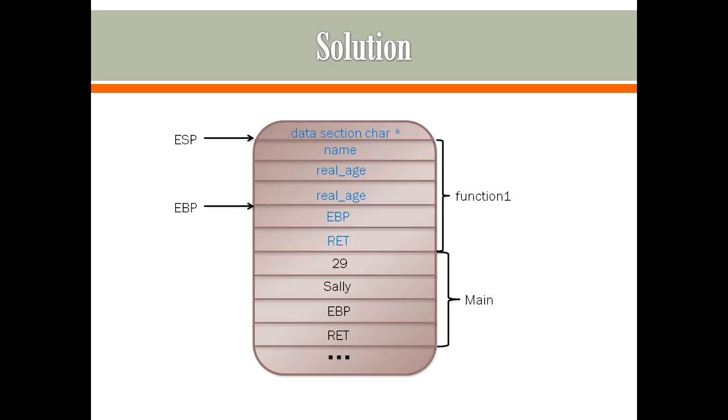When we enter into function 1, we push on our saved EBP. We push on our local variable real age, and when we encounter the call to printf, its arguments get pushed on, again from right to left. So we push on real age, followed by name, and finally we push on our string represented by a character pointer.